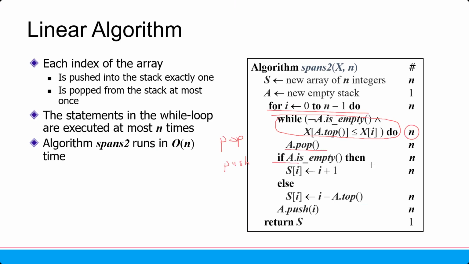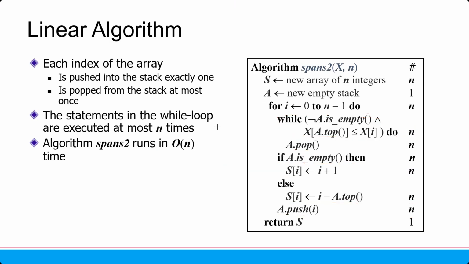The if is also one time. This is an operation inside the loop, so it follows the n. Else, if this condition is true, then we do this one; if the condition is false, we do this one, for n times. And this is also another operation inside the for loop.